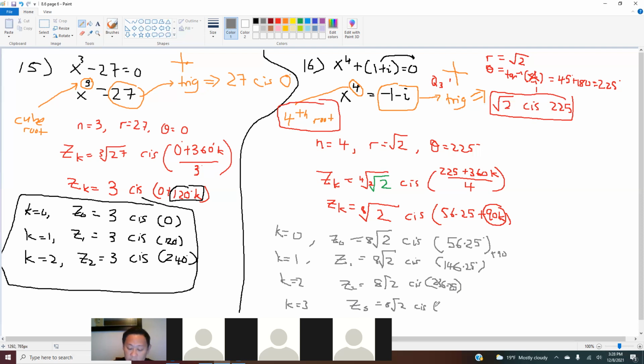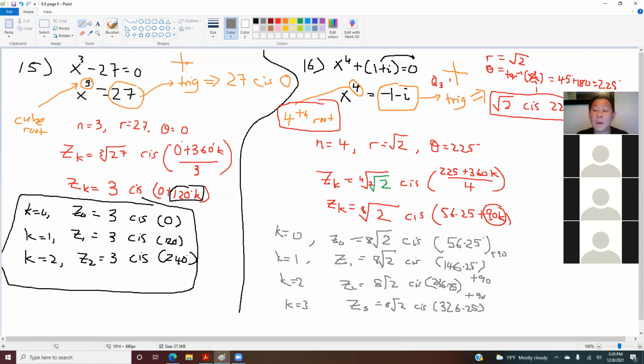That will give us 326.25. So you find that these angles all are in between 0 and 360, one revolution. Okay. So you just keep on adding. Same thing happens to all the stuff you did here. This is always within one revolution. So this is how we do this kind of question.